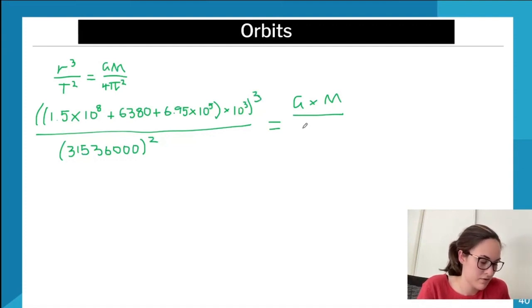Then 36,000, squared, multiplied by 4 pi squared. Oh, it's not divided by, it's multiplied by, sorry.